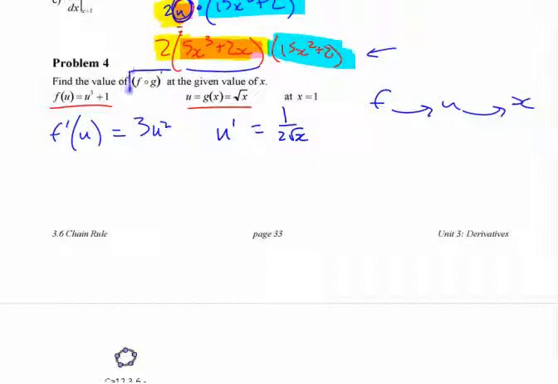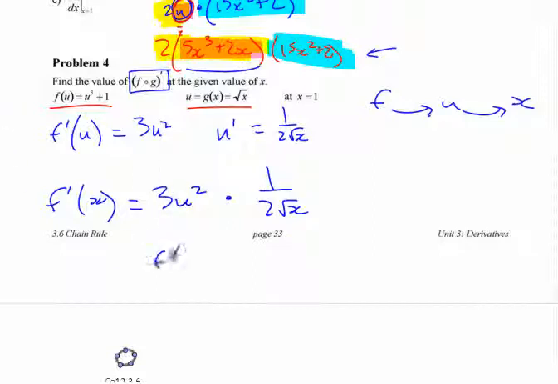If you want the derivative of this combination here, as in you want the derivative of f all the way to x, right? F prime of x. If you want that, you got to multiply these two, right? 3u squared times 1 over 2 root x. It's those two derivatives put together, right?